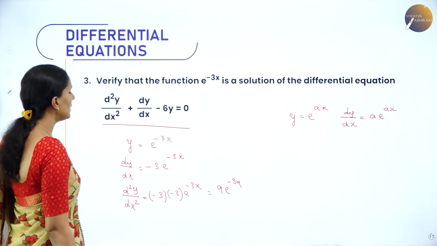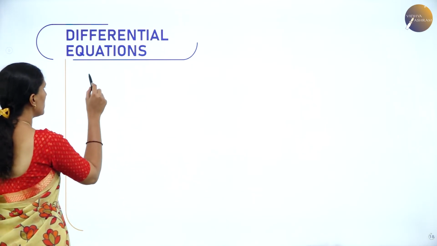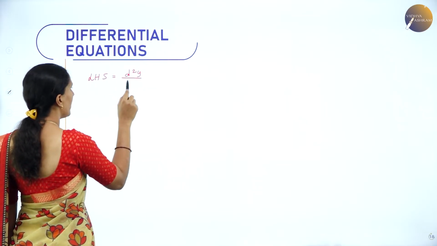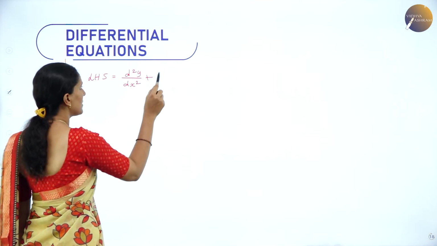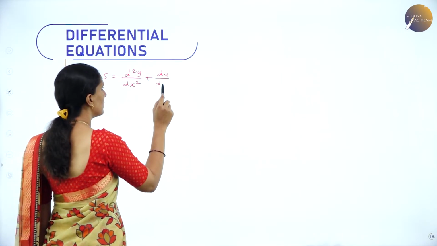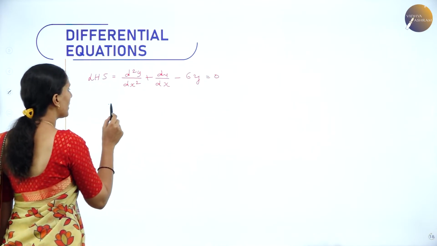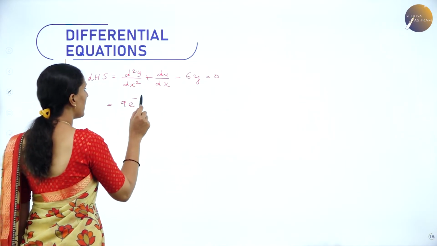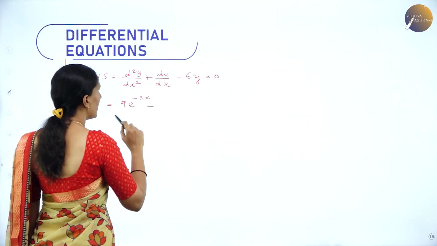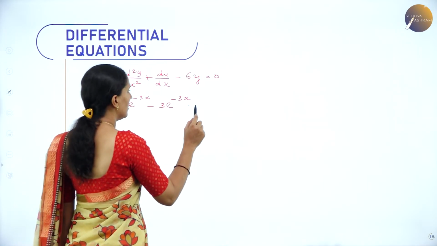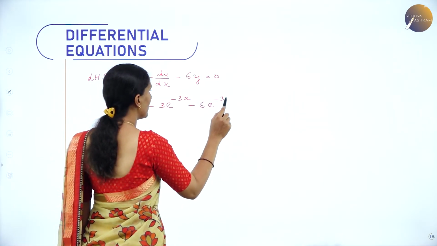So let us take the left hand side of the equation. LHS is equal to d square y by dx square plus dy by dx minus 6y is equal to 0. So what is d square y by dx square? We got 9 e to the power minus 3x. What is dy by dx? We got minus 3 e to the power minus 3x. What is y? e power minus 3x.